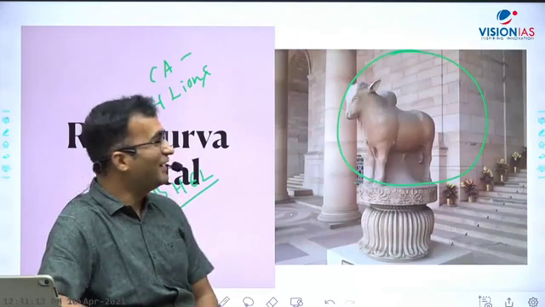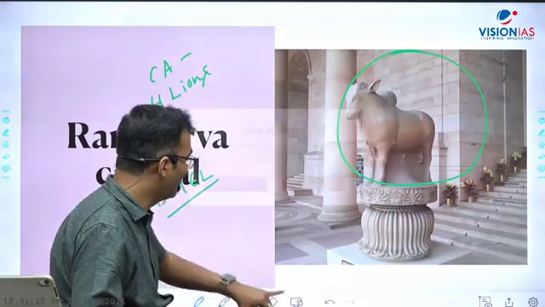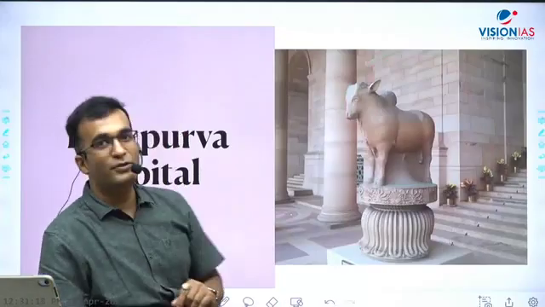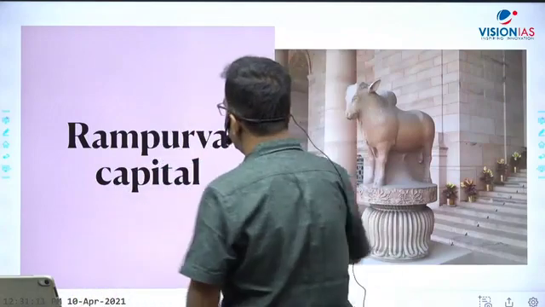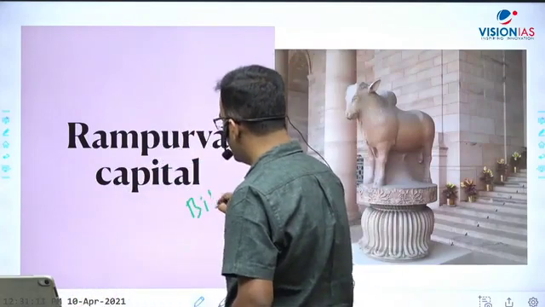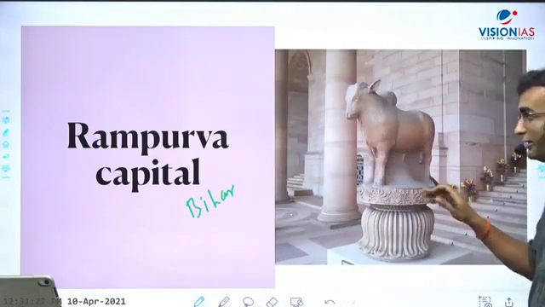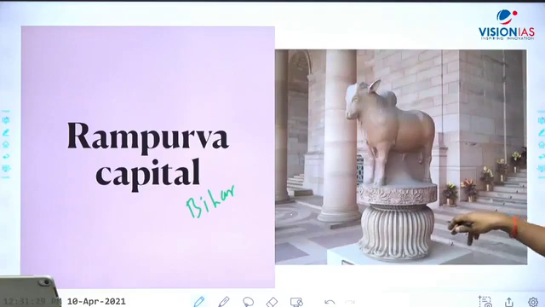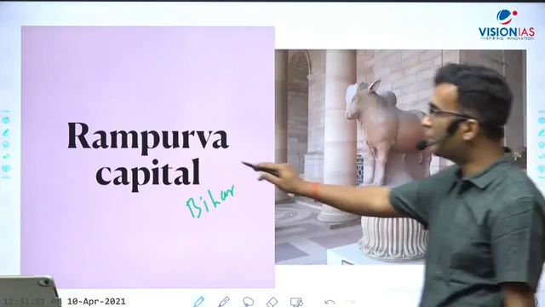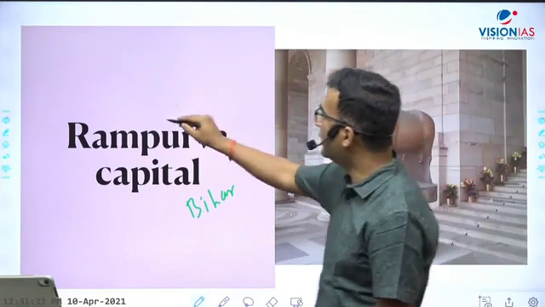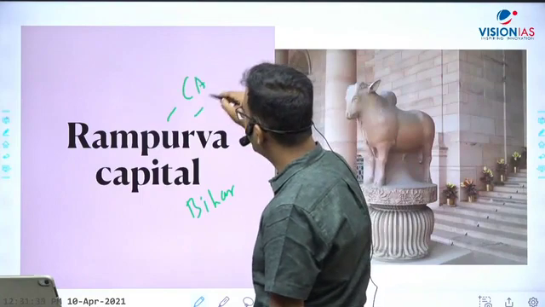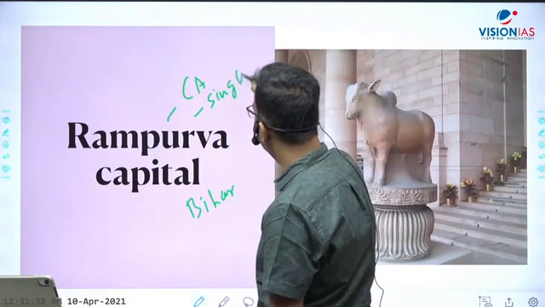So, then the next example, this one. This is the Rampurwa capital. Rampurwa pillar, and this is from Bihar. Now, you can see that this image right now is in the Rashtrapati Bhavan. This image is taken from the Rashtrapati Bhavan, but originally this capital was from Rampurwa of Bihar, and in this what will you write? Crowning animal is a single bull.